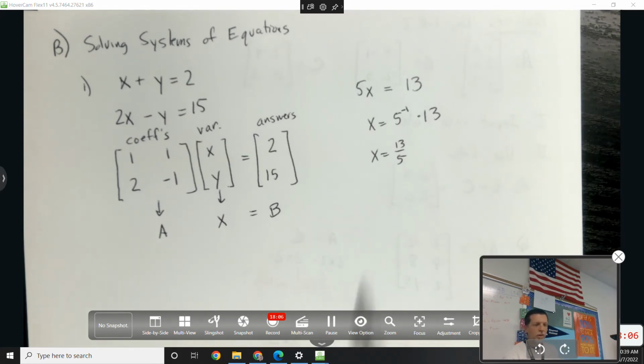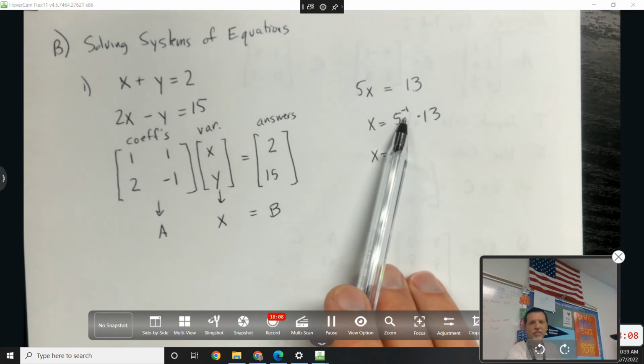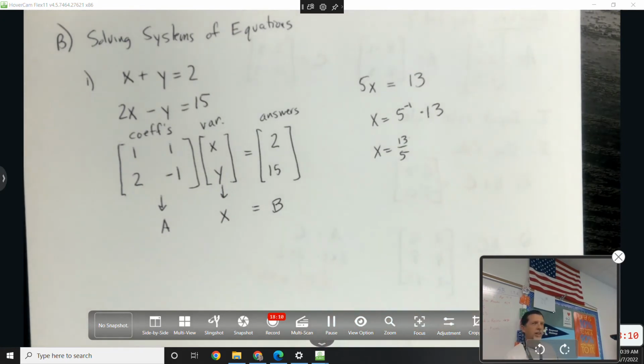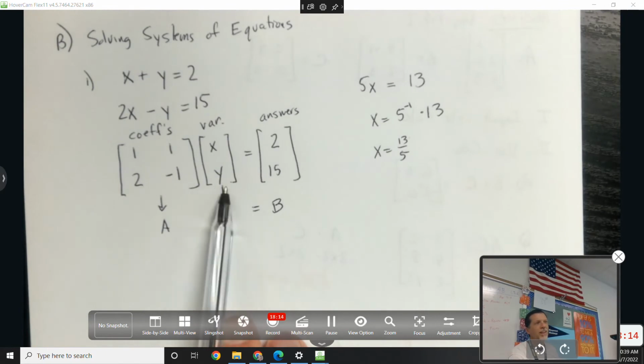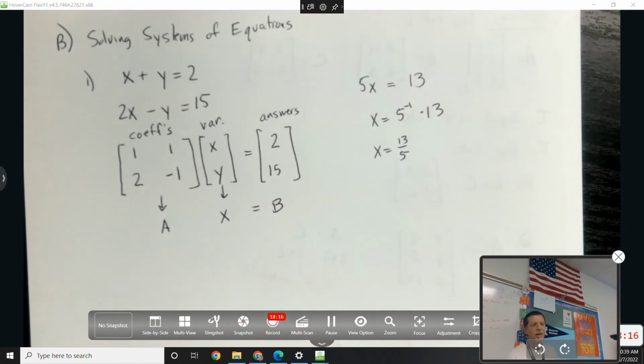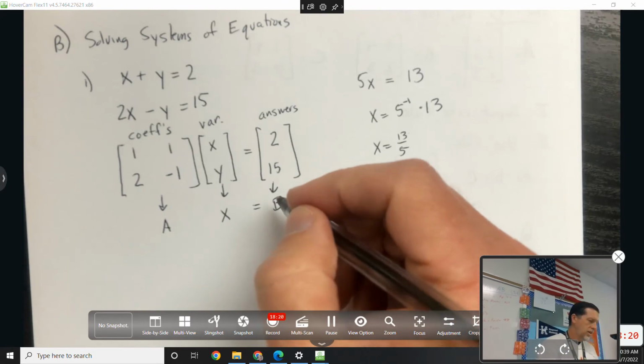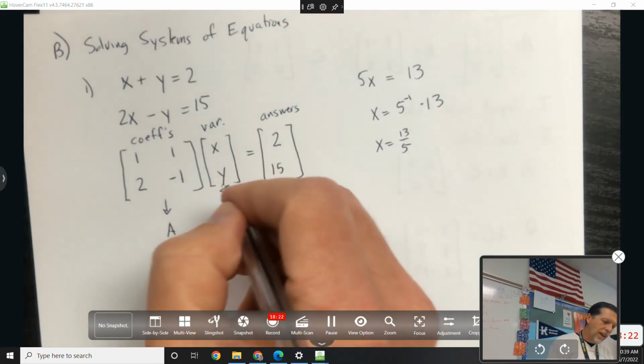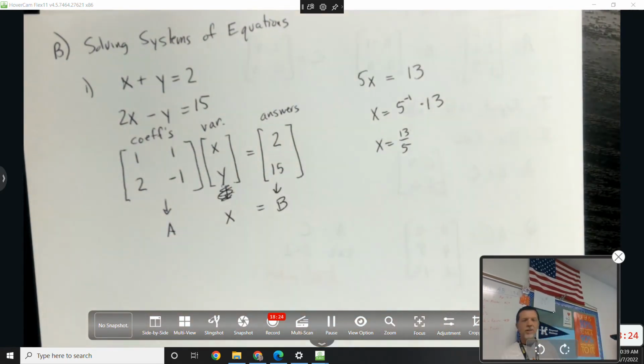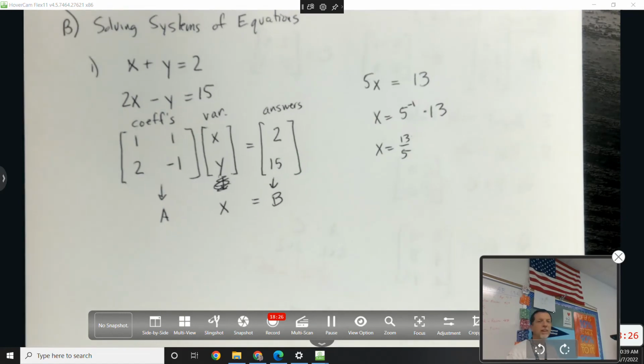Or if you wanted to be fancy, the inverse of 5 times 13. So you don't have to put that matrix in the calculator? You will not put this matrix in the calculator. You're going to put A and B in the calculator. In fact, I shouldn't even say that goes in for x, because it doesn't really. But A and B need to go in there.